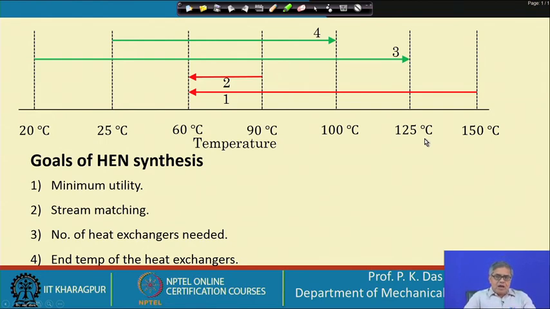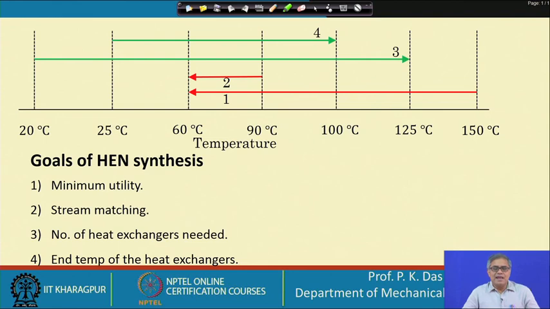Then how many heat exchangers are needed? That also I have to tell, if I decide upon the heat exchanger network. So, not only which stream will have heat exchange with which another stream, but how many heat exchangers are to be used.